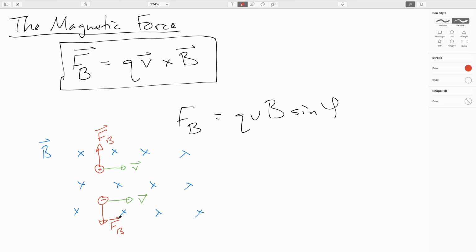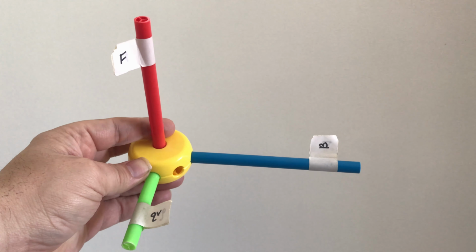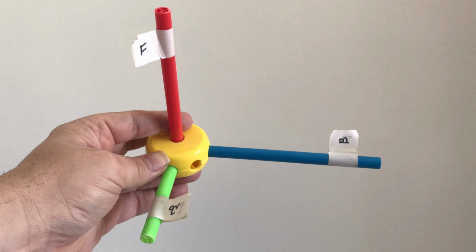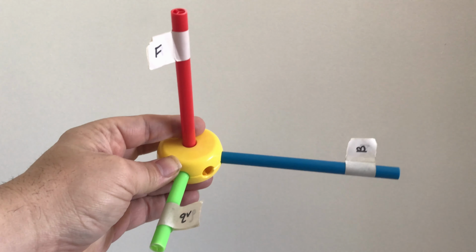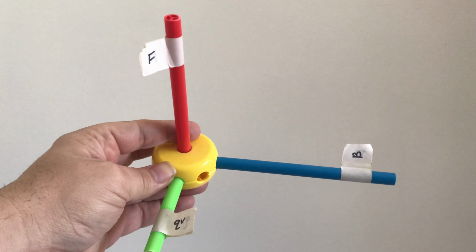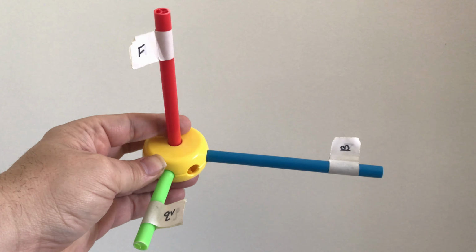Now I do have some tricks for helping to keep this all straight when applied to magnetism, which I'm going to get into right now. When doing cross products to find magnetic forces on moving charges, I like to modify how I do my right-hand rules just a little bit.